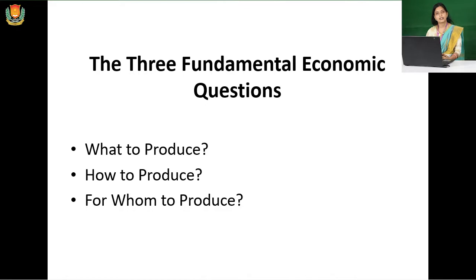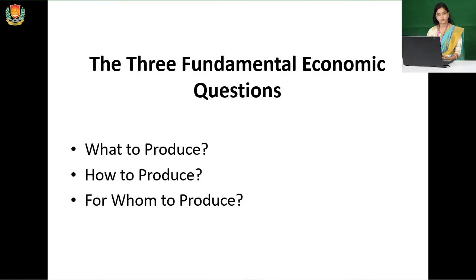How can you recognize what to produce? It depends on market research. With the help of market research, you know the consumer's demand, what kind of products the consumer expects from you. So you can analyze what new product should be designed by you for the customers. That is what to produce.